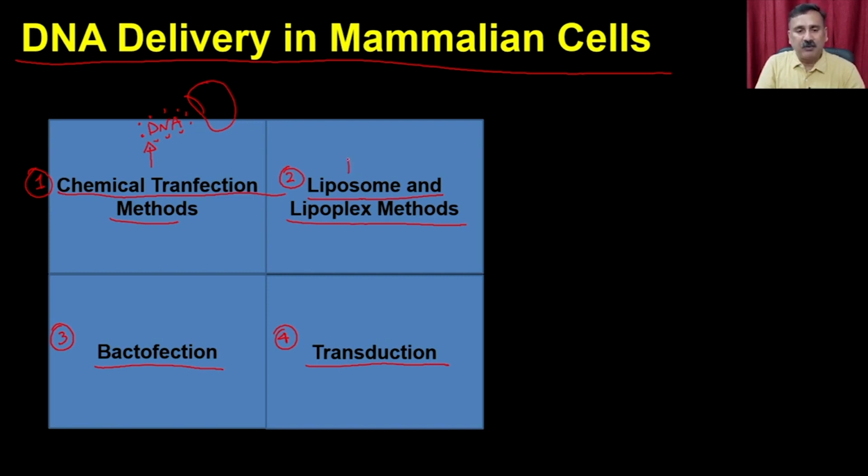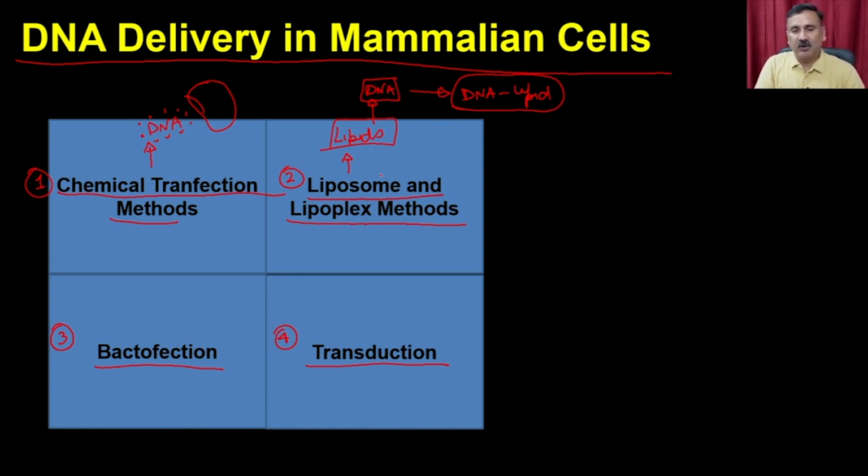In the liposome or lipoplex method, you do the same thing, but instead of chemical agents, you use lipids. Sometimes you use cationic lipids, which bind the DNA, and that's how you get the DNA-lipid complex, which can be readily taken up by the cells.